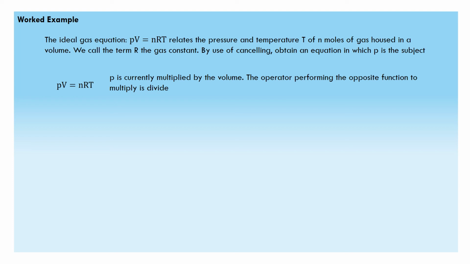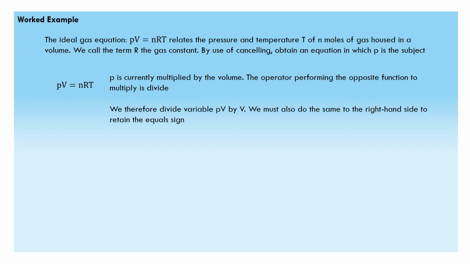So P is multiplied by V. So the operator that performs the opposite function of multiply is divide. So we therefore divide both sides by V, remembering that we must also do the same to the right-hand side of the equation to obtain a balanced equation.